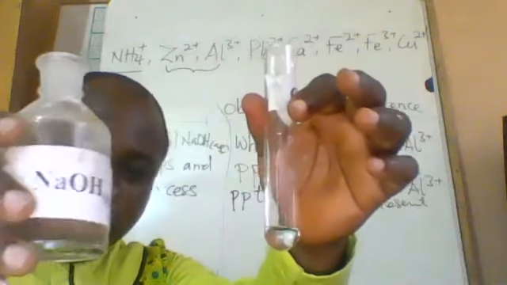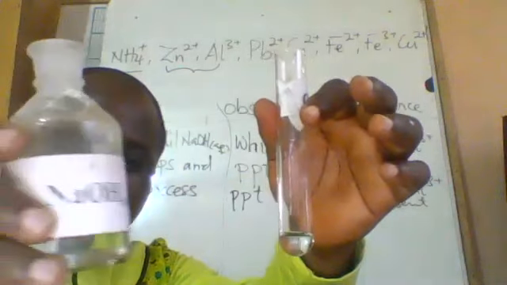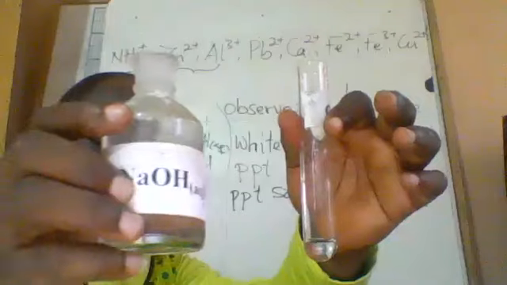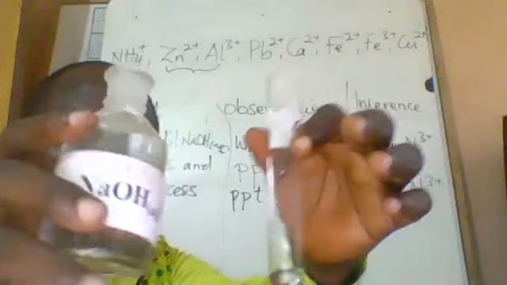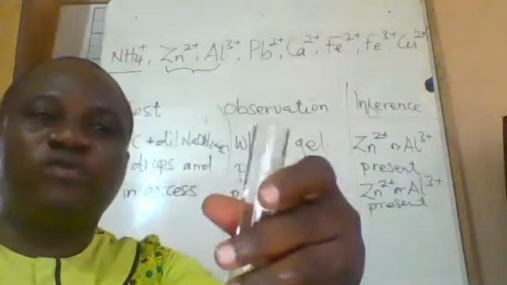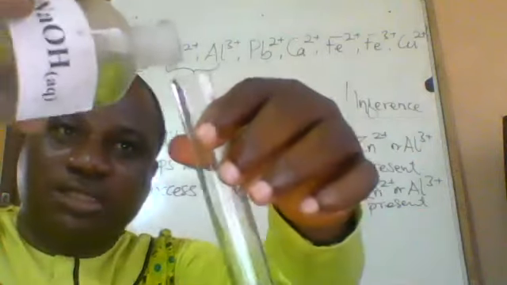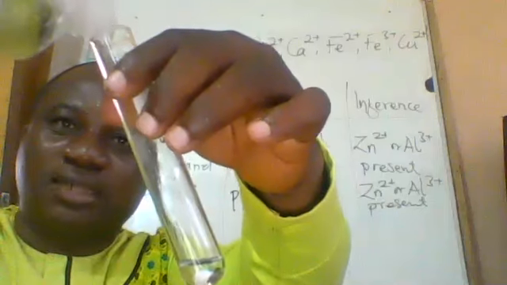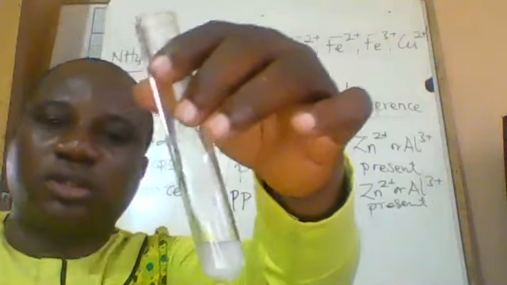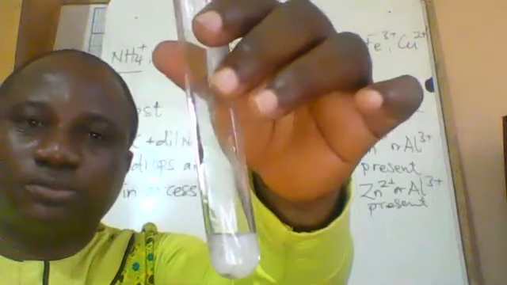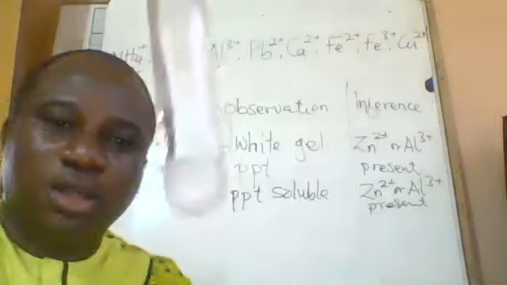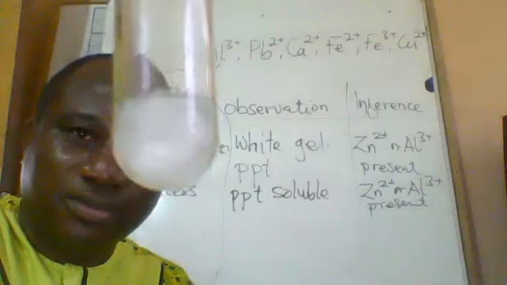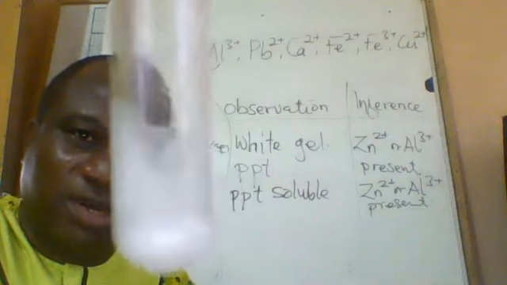Now I'm going to add sodium hydroxide in drops and then in excess. And for drops, don't go and look for a dropper. I beg you, just pour a little without shaking. Don't shake the test tube, just add drops. This is drops. Now look at the solution in it. Can you see from that angle?